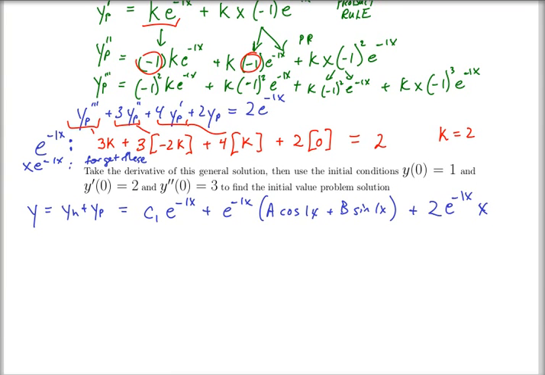And we want to take the derivatives. So let's go ahead and do that. Minus 1 c e to the minus 1x. Oh boy, product rule.